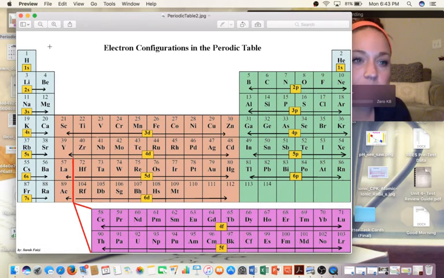So, S blocks are literally groups 1 and 2. P blocks are on the other side. That's your 13, 14, 15, 16, 17, and under helium, group 18. Then your transition metals happen to all be your block D. And then your rare earth metals at the bottom are your F blocks.